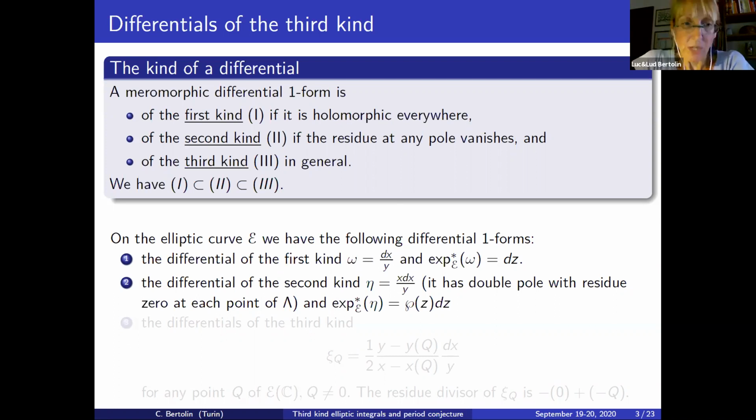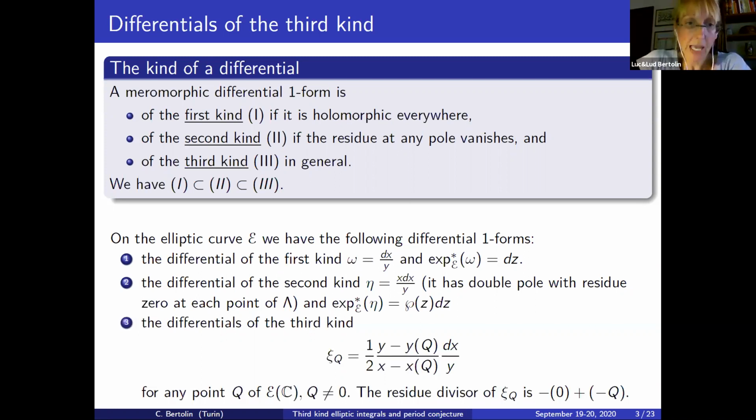Nothing is new so far. What is, in my view, not so well known are the differentials of the third kind. The differential of the third kind that we write CQ is 1 over 2, y plus y of q over x minus x of q, dx over y, where q is varying on the elliptic curve, a C-rational point different from 0 and also from any torsion point.